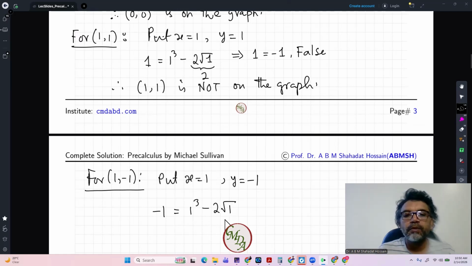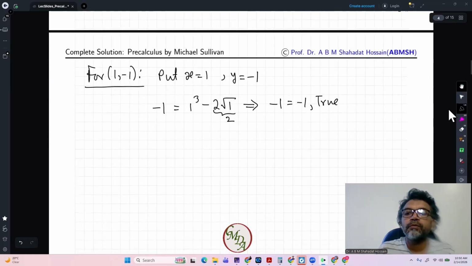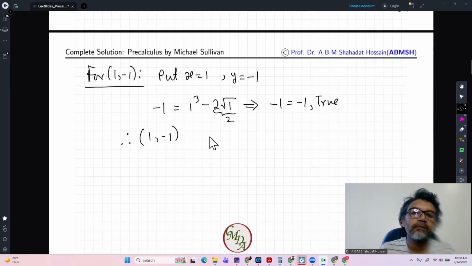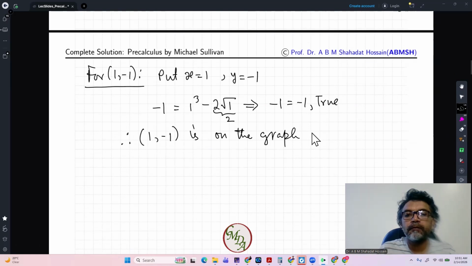The x value is 1, so we get minus 1 equals minus 1, which is definitely a true statement. Therefore we conclude that the point (1, -1) is on the graph of the equation.